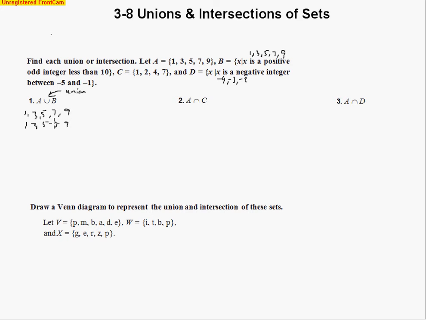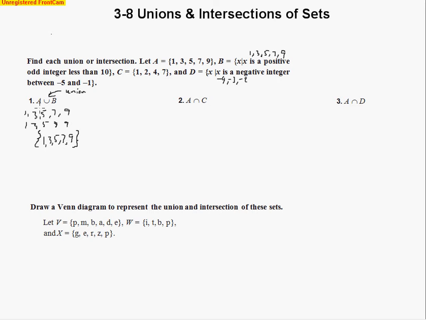So in this case, since all the numbers duplicate, we're just going to use all those numbers. So 1, 3, 5, 7, and 9. Those are the different numbers that would be in this solution set.